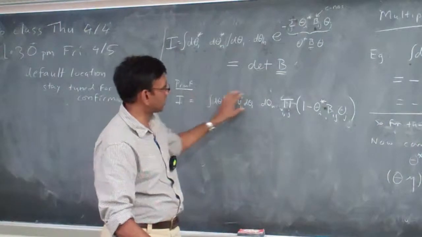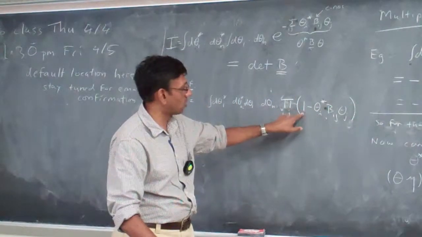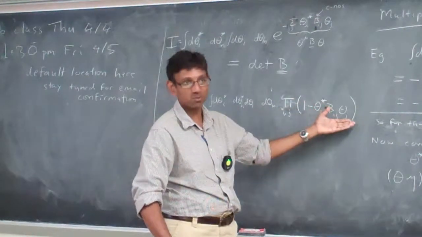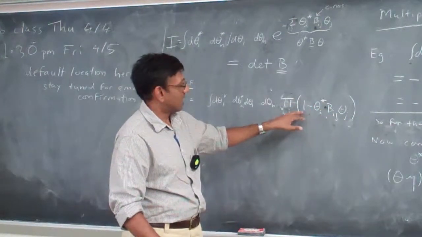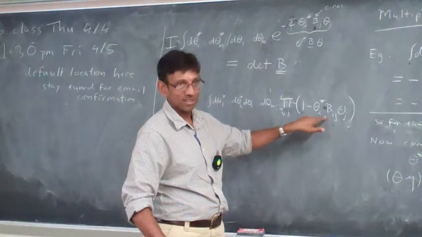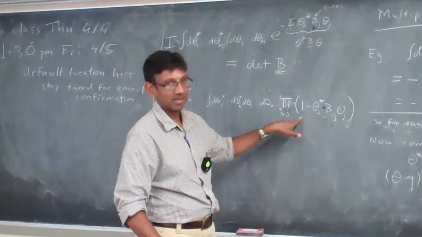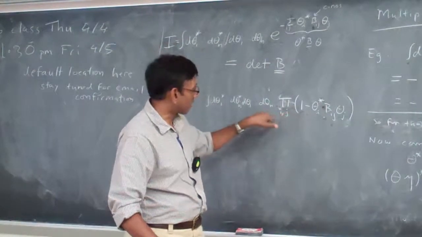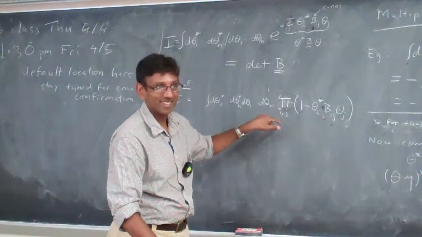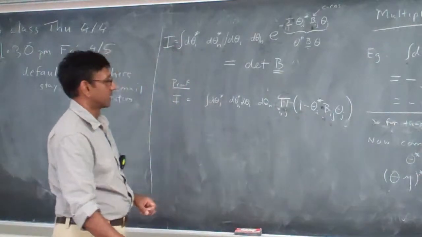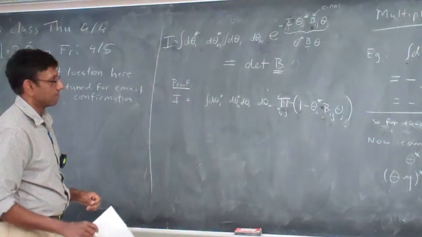a typical term here, where you take some number of 1s and some number of theta star theta terms. That's the typical term in expanding this product. I have to choose a total of n of these, and the rest are 1s. You see, there are n squared terms. So I have to choose n of these to be these theta star theta terms.